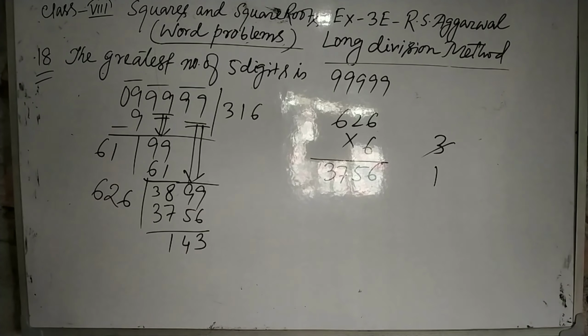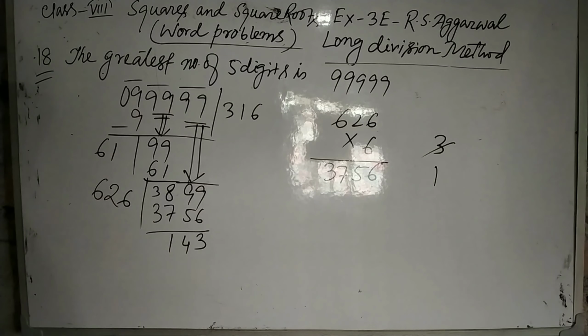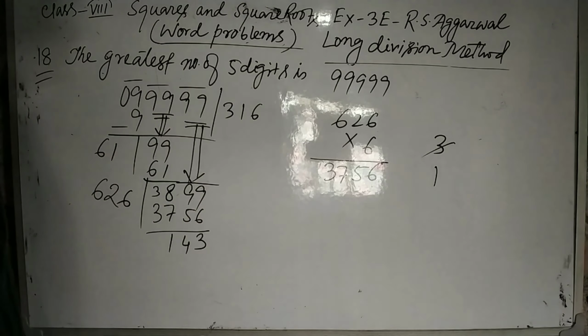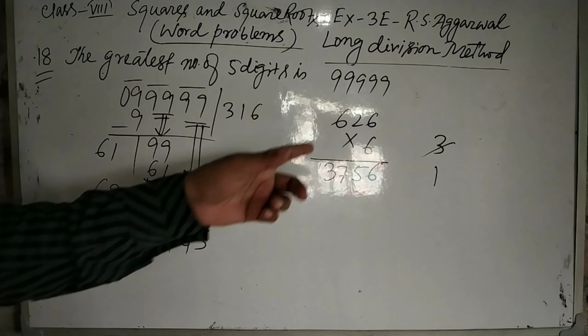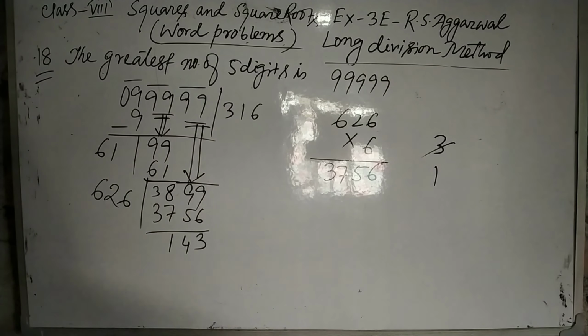Now look, here the remainder is 143. The greatest number of 5 digits is 99999. If we add 1 to this number, then it will become the least number of 6 digits. It will not be a 5-digit number. So what do we have to do?